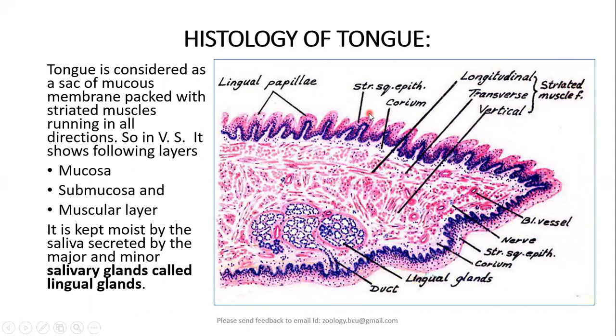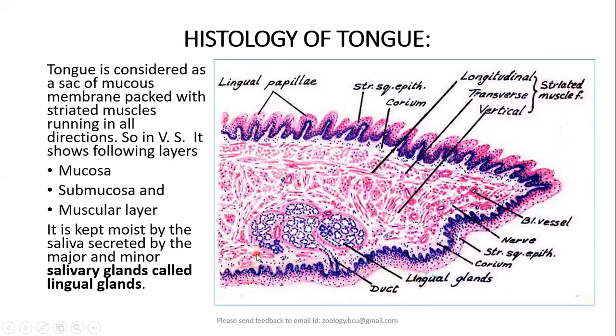Coming to the histology of tongue. So the tongue is considered as a sac of mucous membrane packed with striated muscles running in all the directions. So in the vertical section, you can see the muscles in all the directions lying inside a sac-like epithelium. That is nothing but the mucosal epithelium.